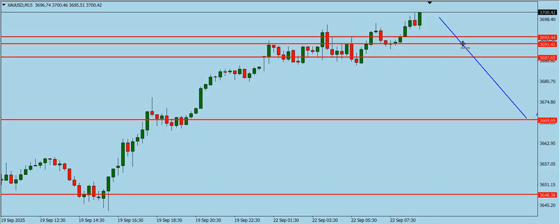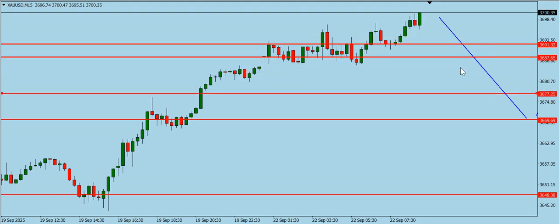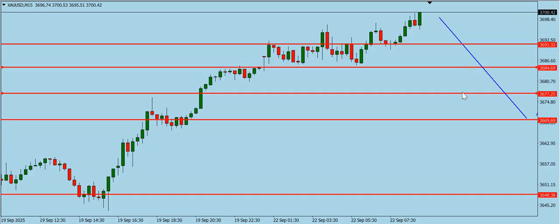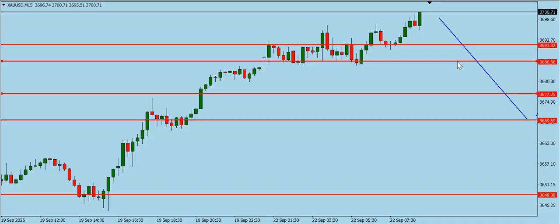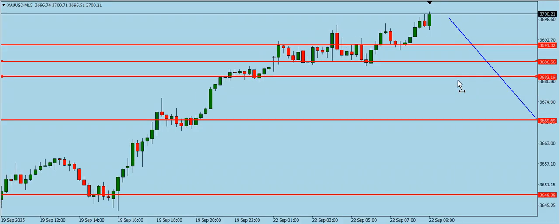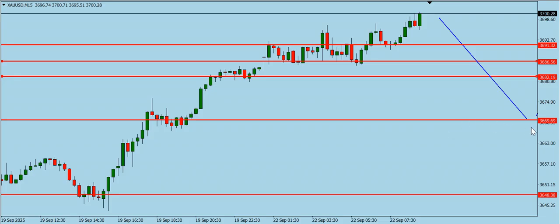The immediate order block on the 15 minutes time frame is at 3691, the next one is at 3686, then 3682, and another at 3669. This coincides with the order block on the 30 minutes time frame.